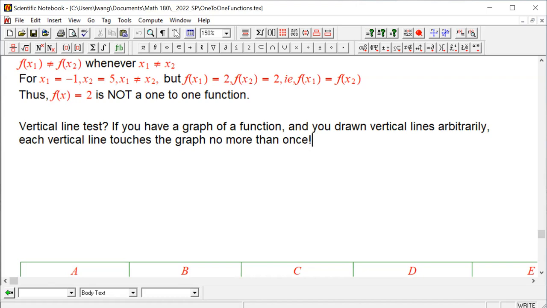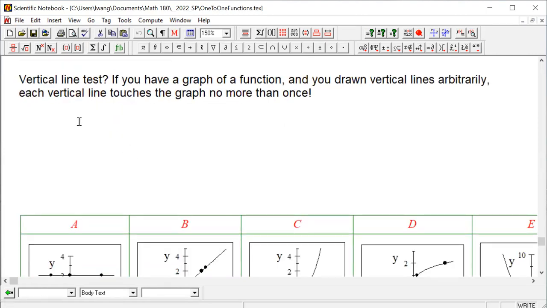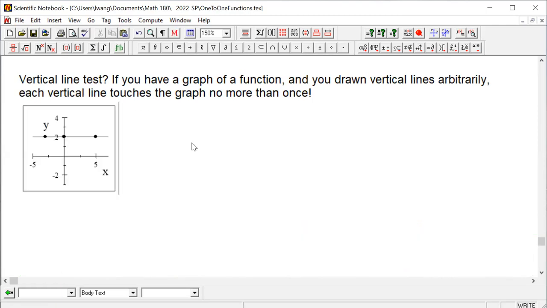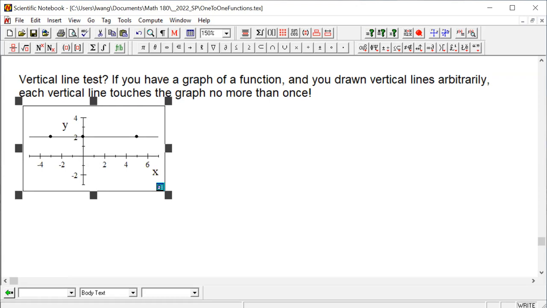What does it say? Well, for example, for this picture, it certainly passes a vertical line test. I'm going to draw vertical lines arbitrarily. But every one of them must be vertical line.